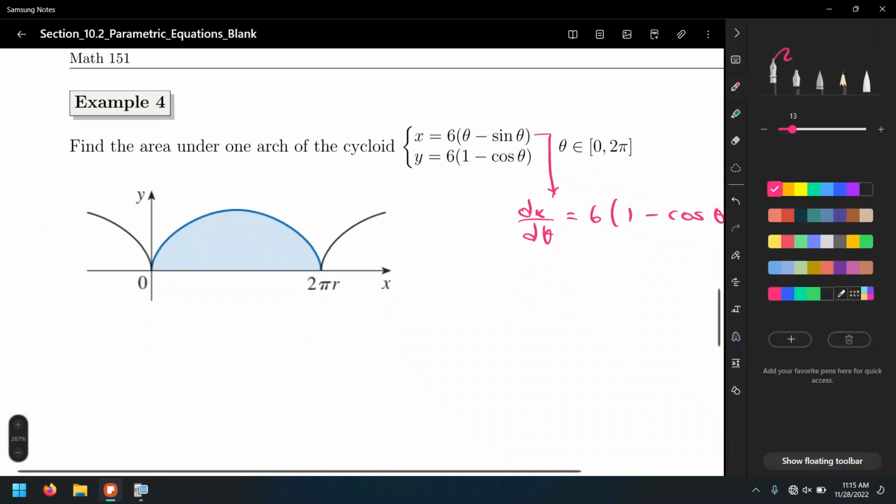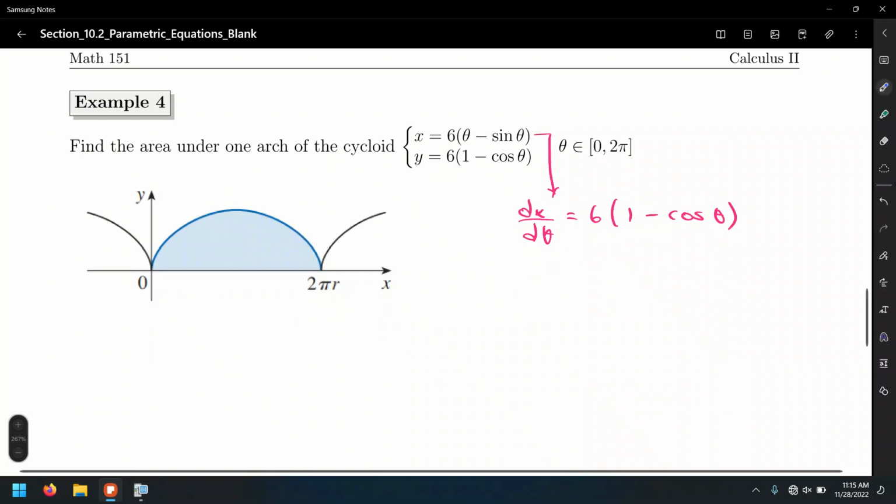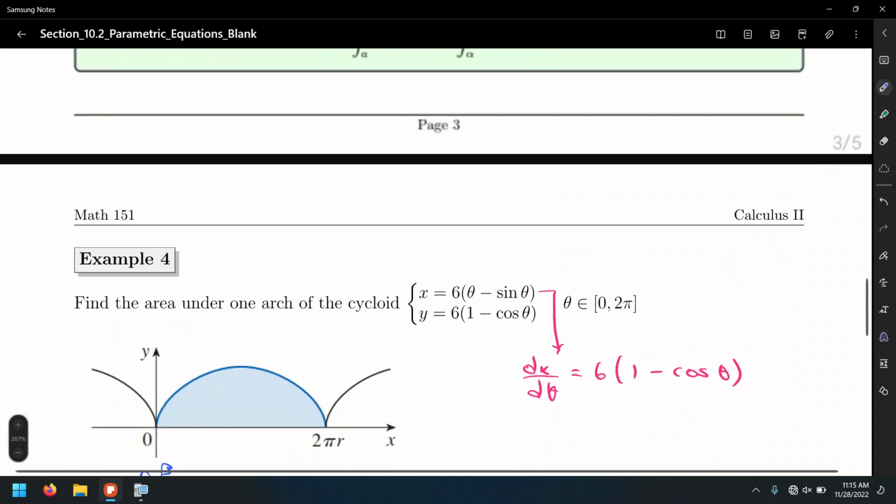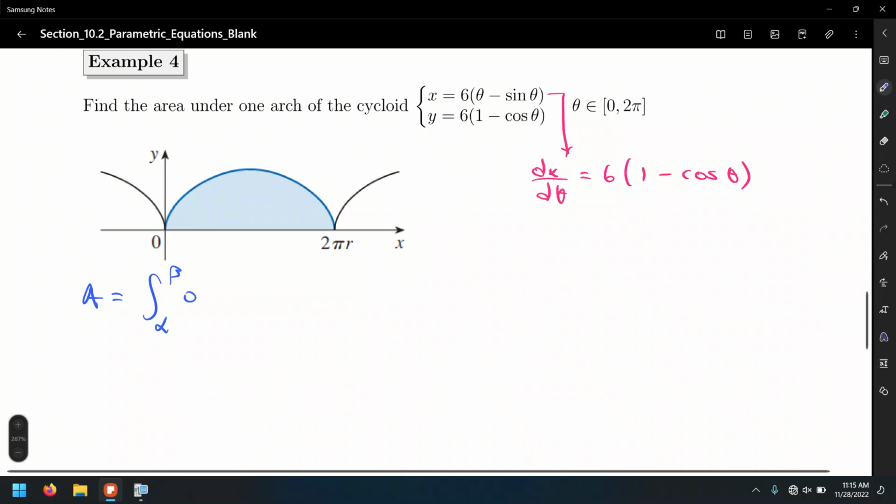And let's set up the integral that calculates the area for us. Area equals the integral from alpha to beta of, in this case, our g of t. I'm going to stick to the definition for now, but notice we have the functions labeled differently. I'm going to point that out in a minute.